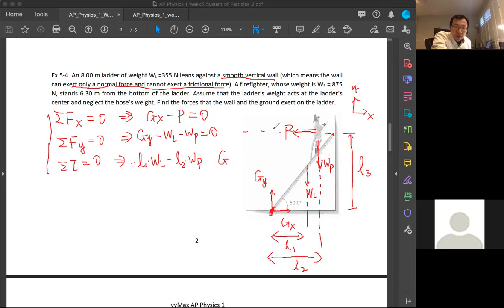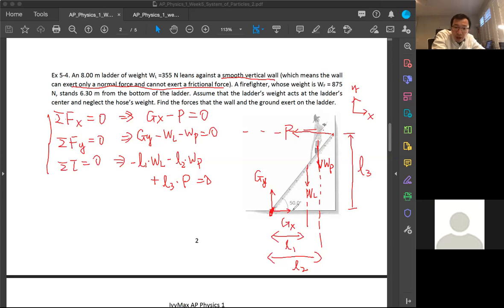And thirdly, P, the normal force from the wall, is positive, it can generate a positive torque. So plus L3 times P. That should give you 0, right?